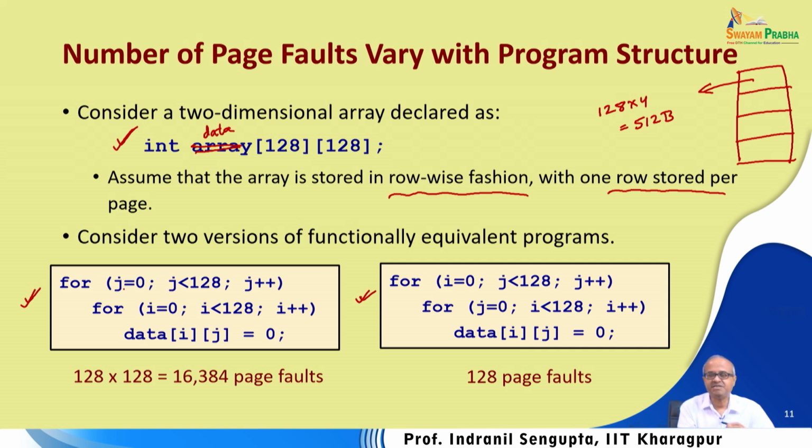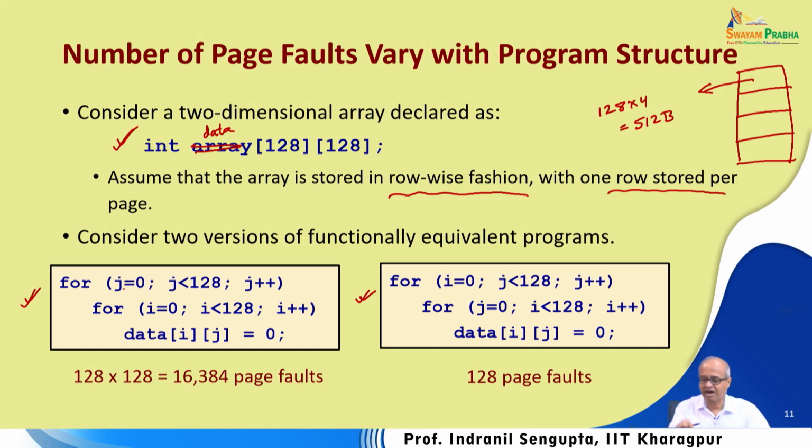In the first program, for j equal to 0, the entire i loop is executed. So, you are accessing the elements column-wise: first column, then j equal to 1, entire i loop, second column, third column.